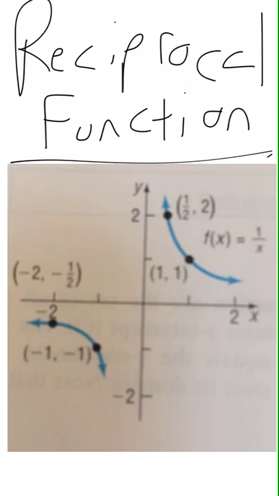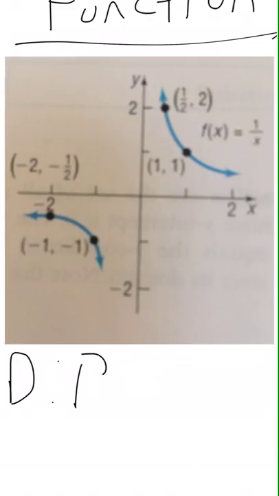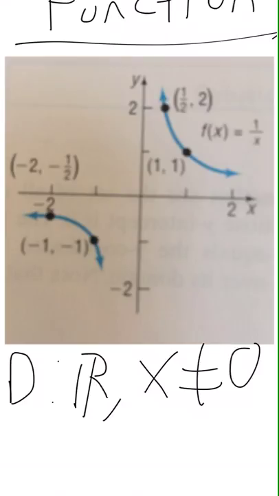Alright, the next type of function we'll go over is what we call the reciprocal function. This is what the graph of the parent reciprocal function looks like. The parent reciprocal function is just f of x equals 1 over x. You notice the domain is all reals, except that if you plug in 0 for x, you get undefined, so it's the set of all real numbers except that x cannot equal 0.